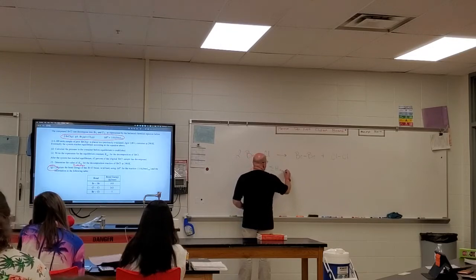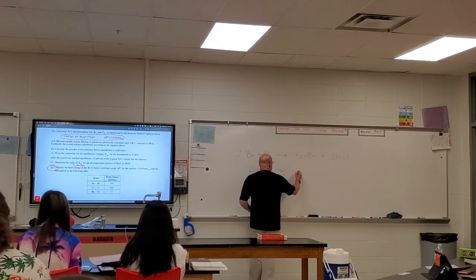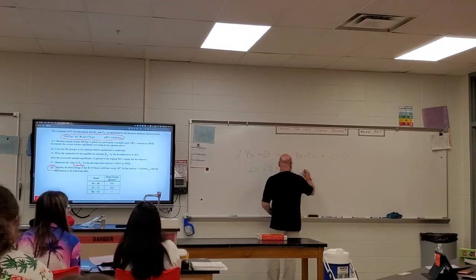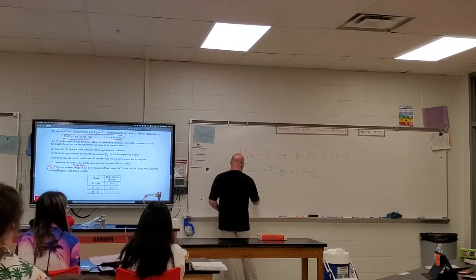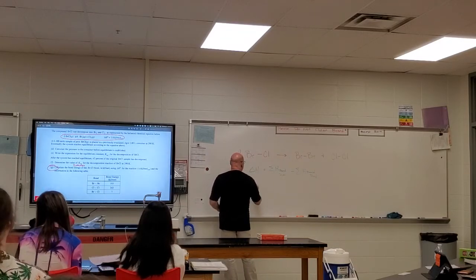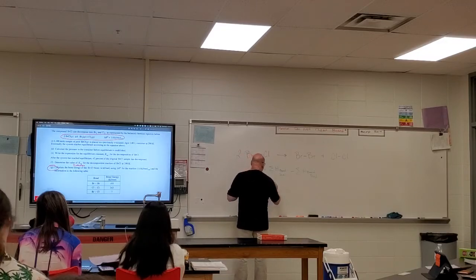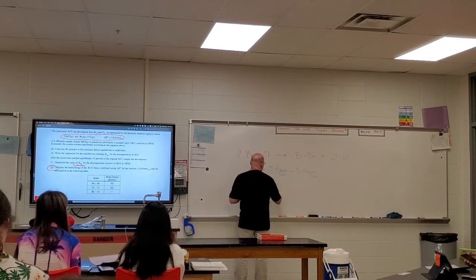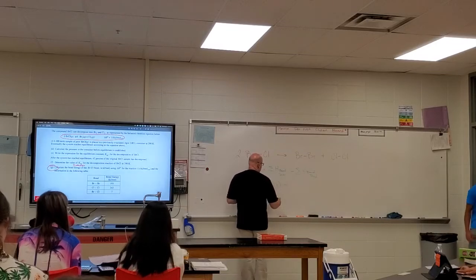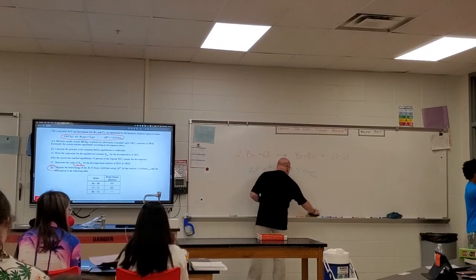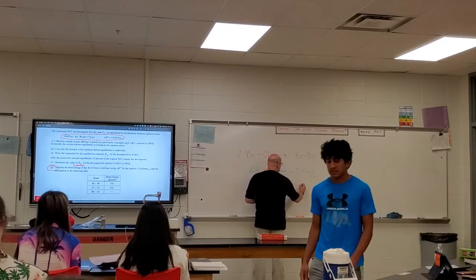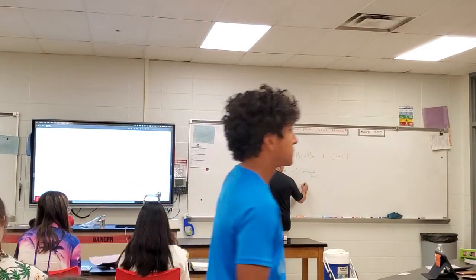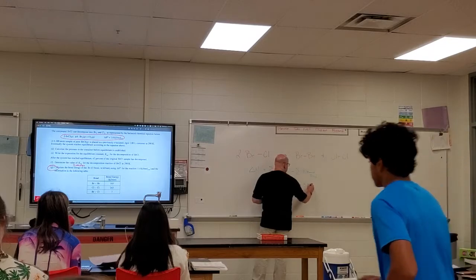So it would be 2 BrCl, or X, whatever you want your variable to be, minus the bond energy for your bromine, which would be 193, plus your bond energy for chlorine, which is 243.